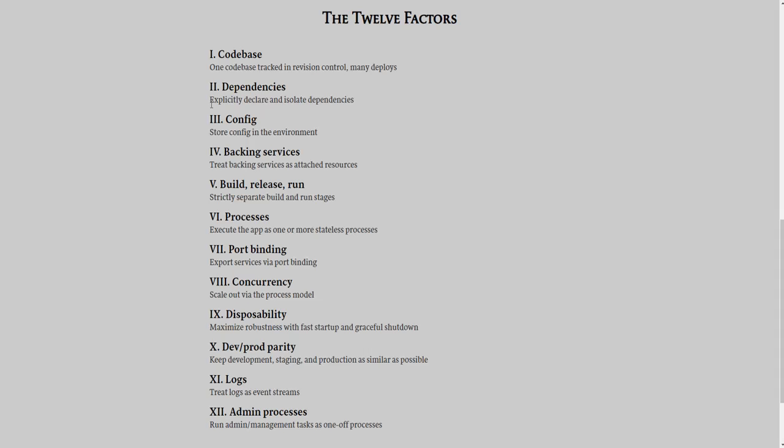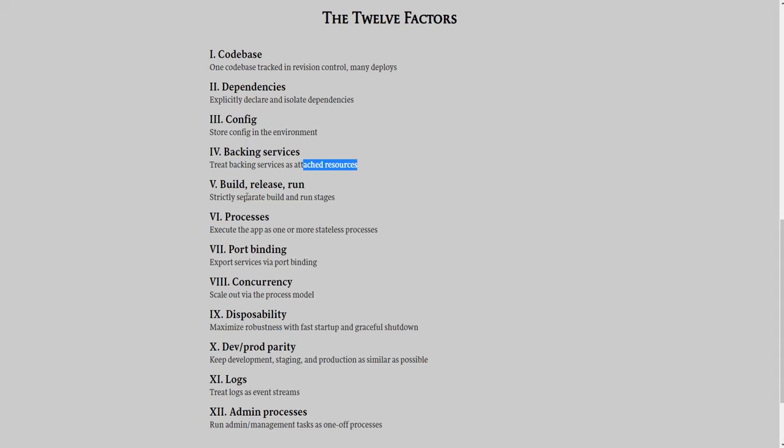If I have created an application and I'm running it in AWS, then AWS is going to have the database also. That database will be known as a backing service for this application. So this point says to treat backing services as attached resources.